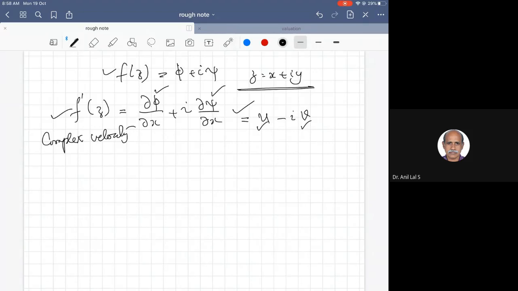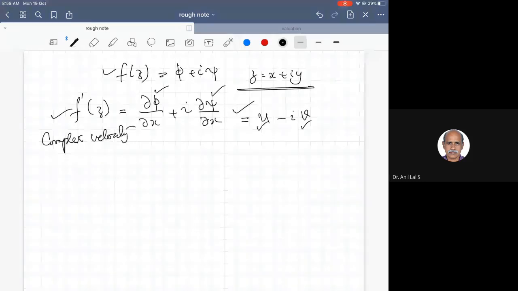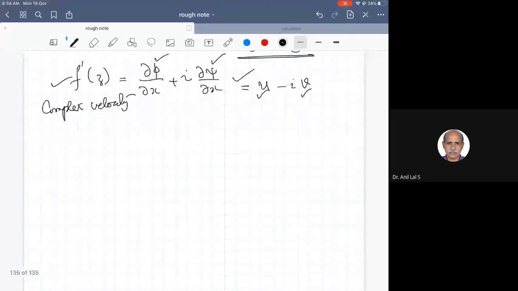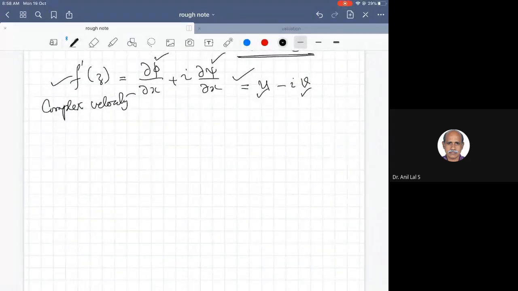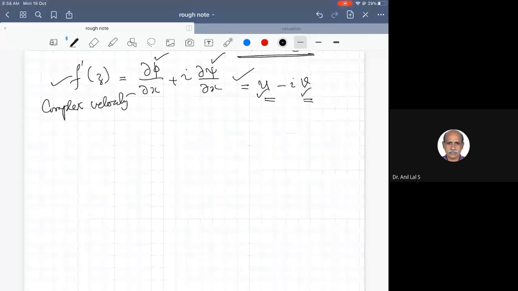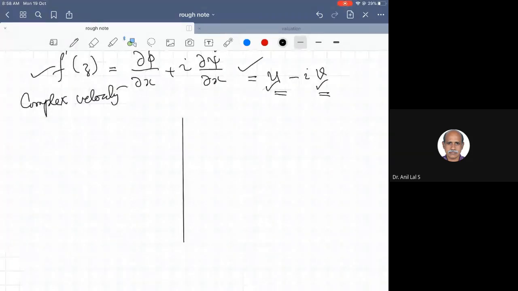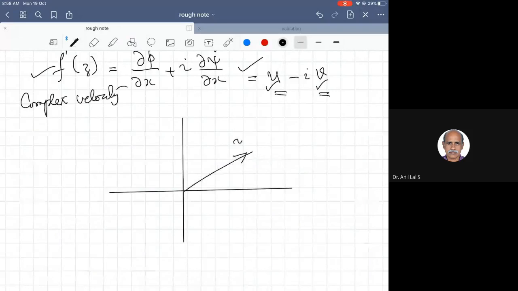Now, how do you write this in the polar coordinate system? What are u and v in polar coordinates? You have ur and u theta, at 90 degrees to each other, with angle theta.